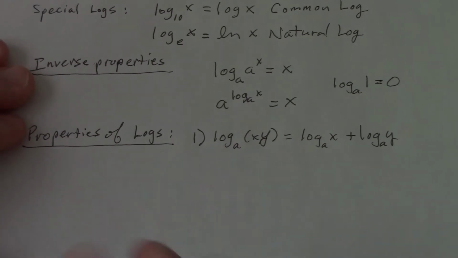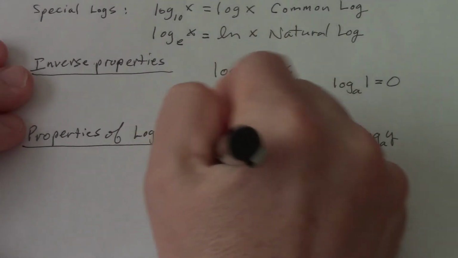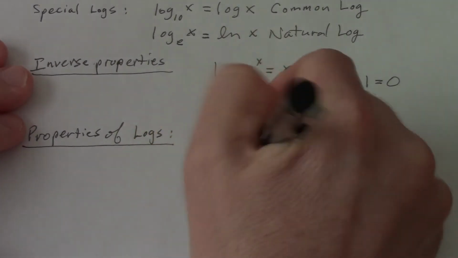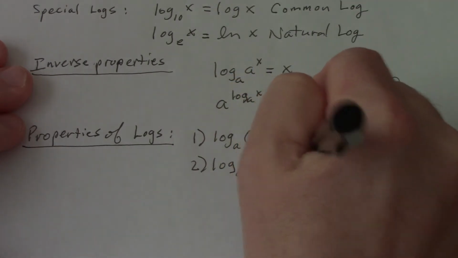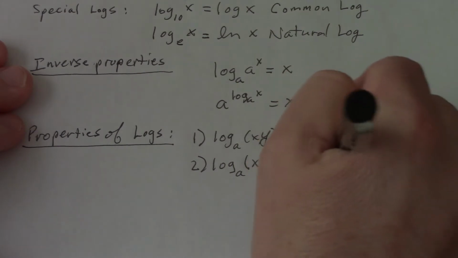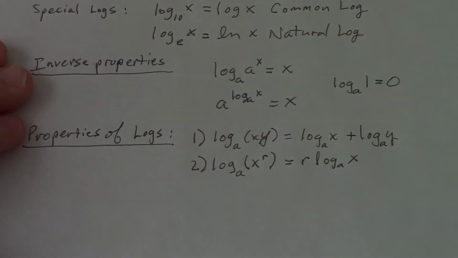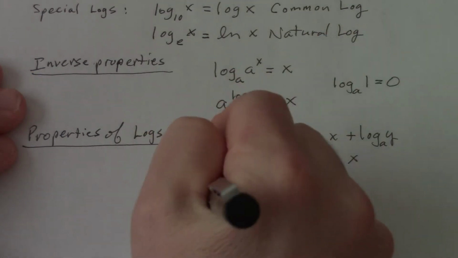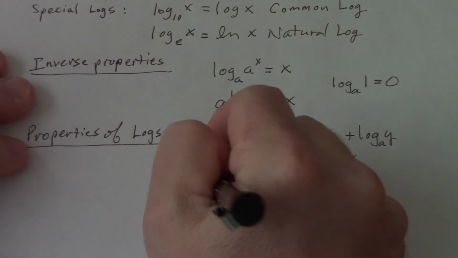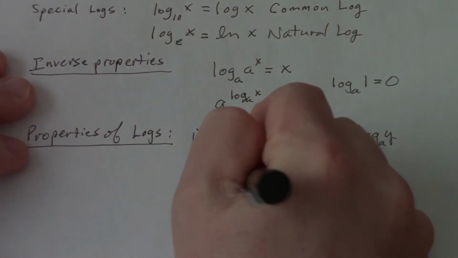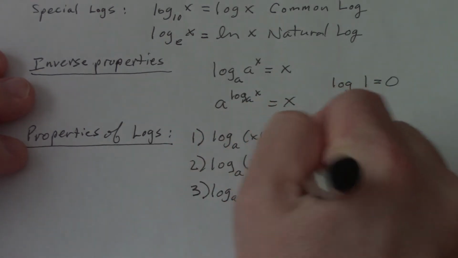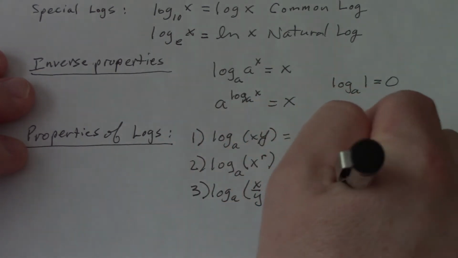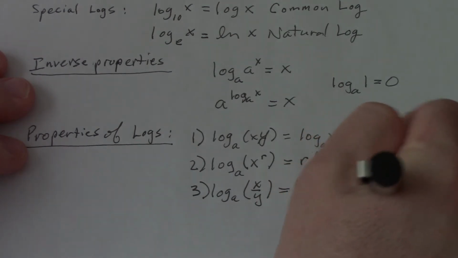There's the second one: log base a of x raised to the r power is r times log base a of x. And the third one: log base a of x over y is log base a of x minus log base a of y.